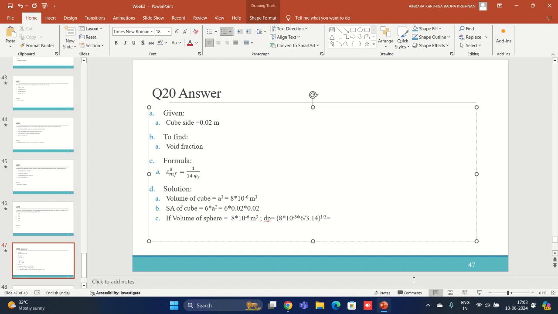Then the surface area of the sphere is 4 pi r squared, which is pi dp squared, so it is 3.14 into dp squared.